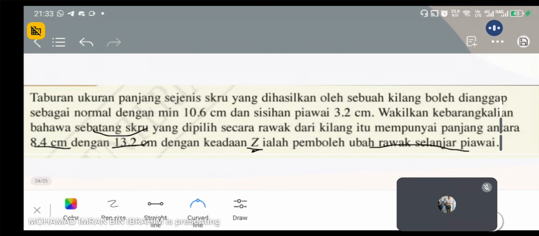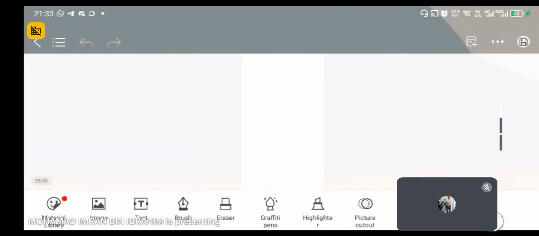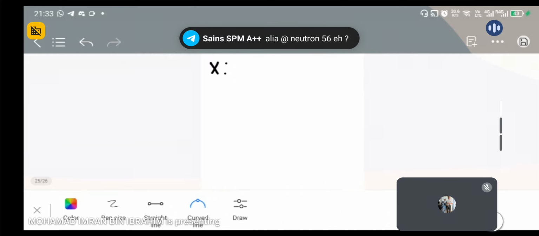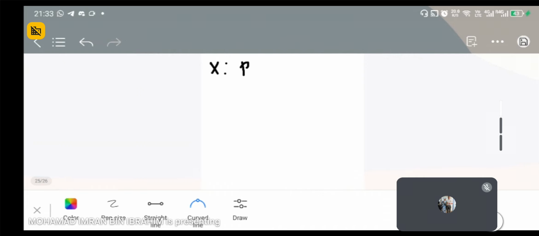So how we do this is, okay, you know that over basic probability, let's say that X is equal to the screw's length.